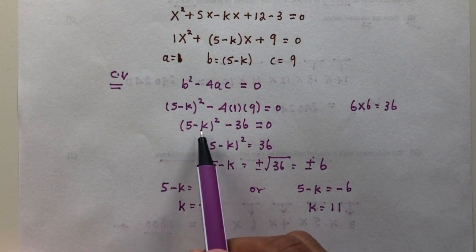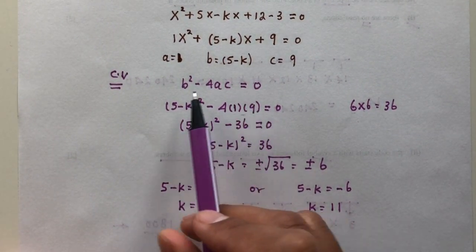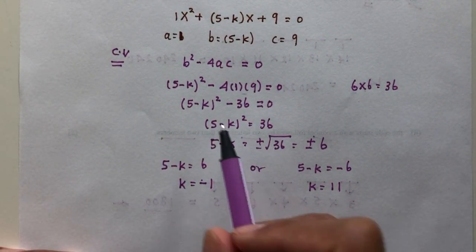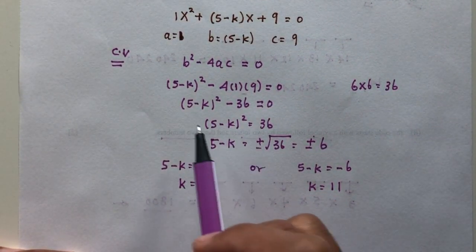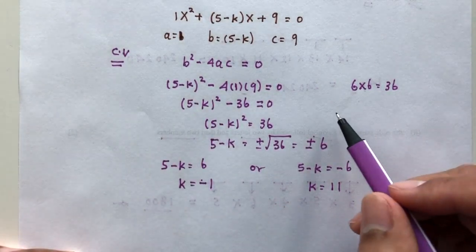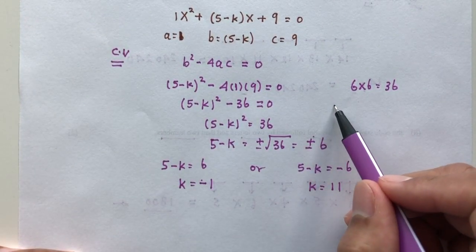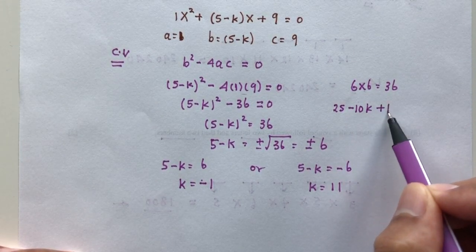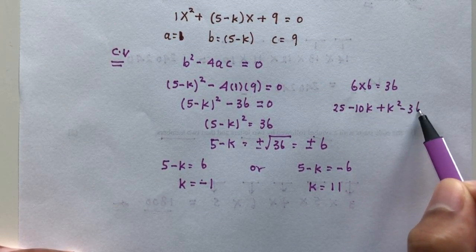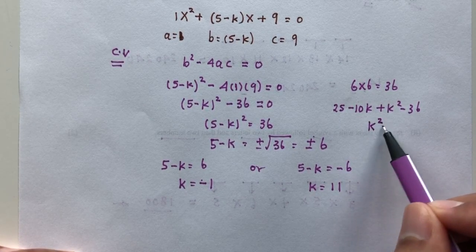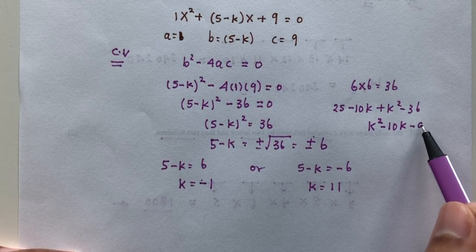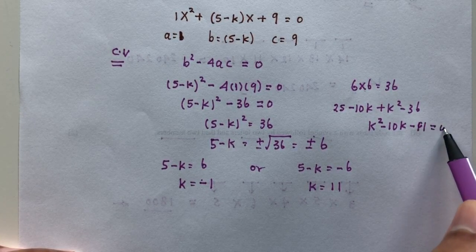How does this curve look like? If you expand this, let's make it easier for you guys, you will have 25 minus 10k plus k squared minus 36. Now simplify, you will have k squared minus 10k minus 11 equal to 0.